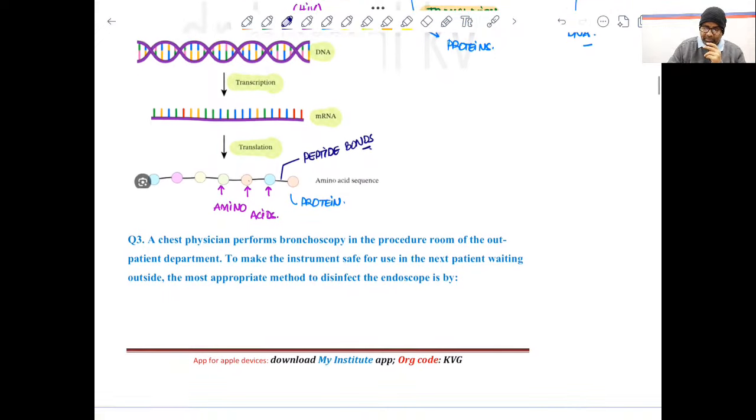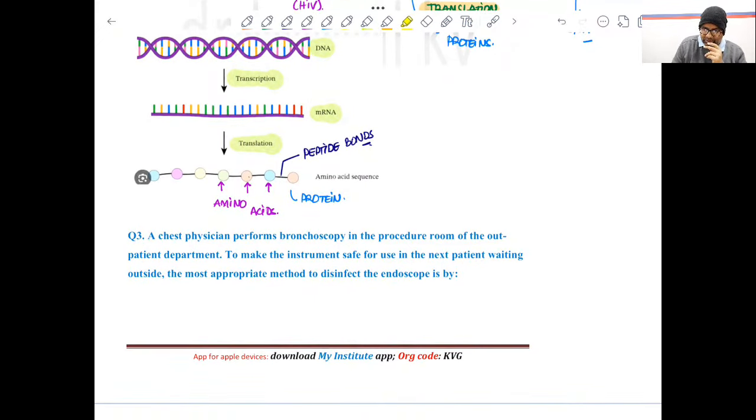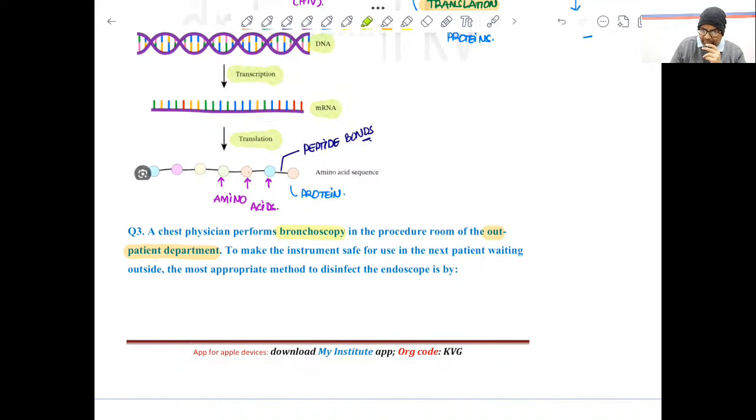Then moving forward, a chest physician was doing bronchoscopy in the OPD, and since there are many patients, every time he needs to sterilize the instrument. So what is the best way to sterilize the instrument?